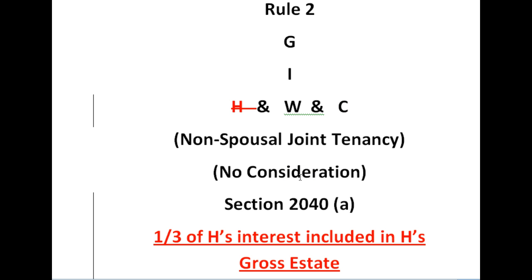And when one of the joint tenants die, and in this case we're saying H died, that joint tenant receives a fractional share of the property. So that fractional share is the value of the whole property owned by H, and it's included in H's gross estate. So 1/3 of H's interest is included in H's gross estate under Rule 2.